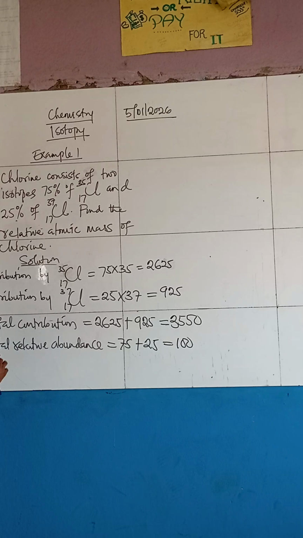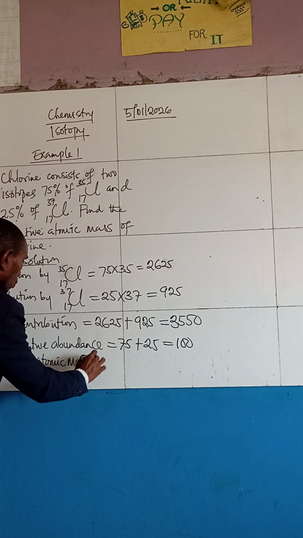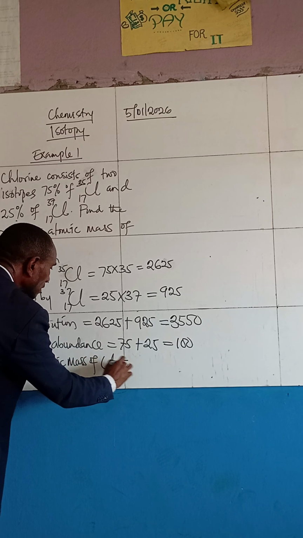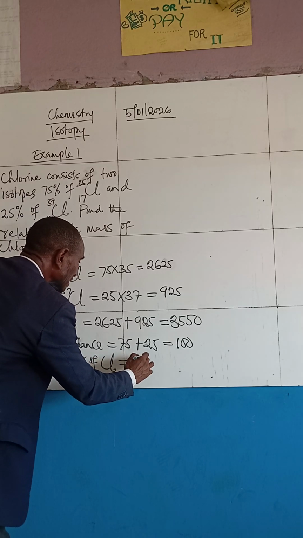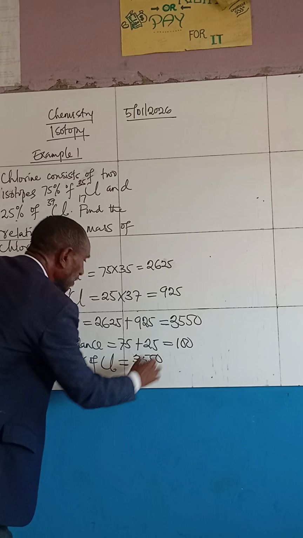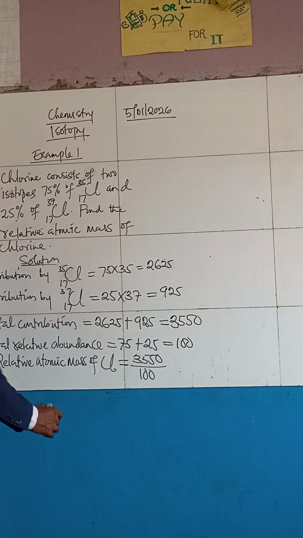Therefore, the relative atomic mass of chlorine is equal to the total contribution, 3,550, all divided by 100, the total relative abundance.